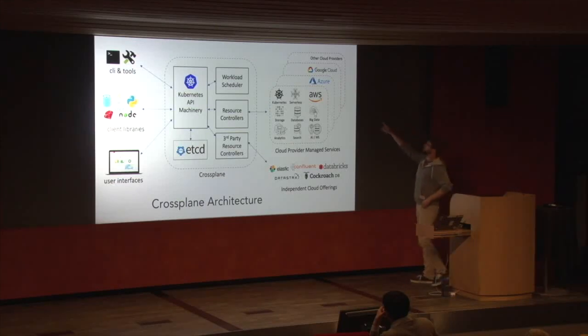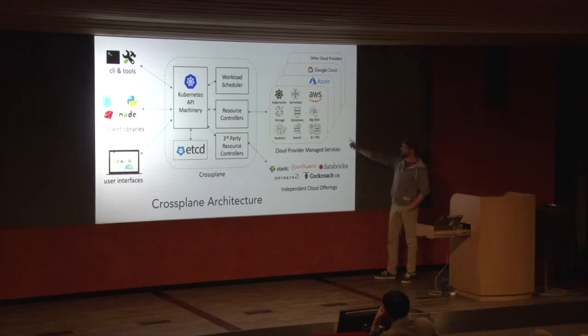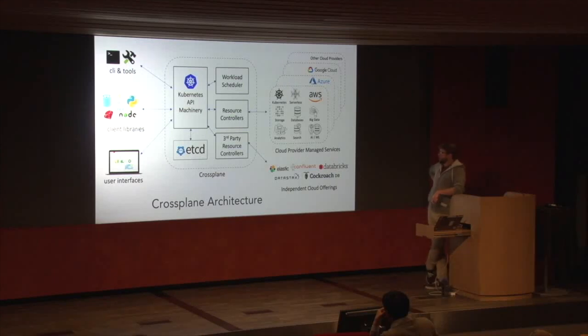And then in addition to the major public cloud provider players, there's a number of independent cloud offerings that are interesting as well. There's a lot of hoopla in the ecosystem right now.